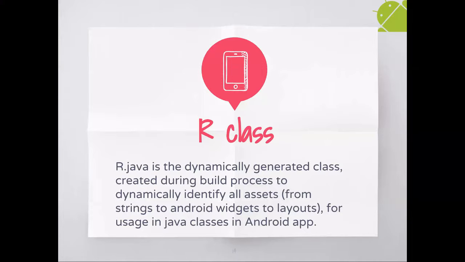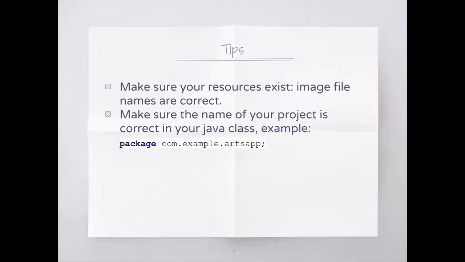First, make sure that all your resources exist. The image files are named correctly. Make sure that the name of your project is correct in your Java class. This is an example. For me, the package of my app is named Jazz App.